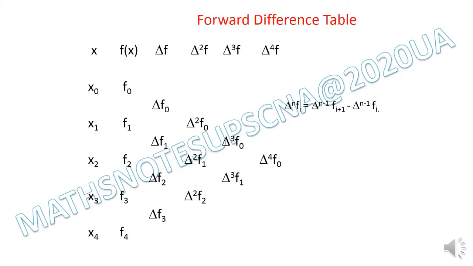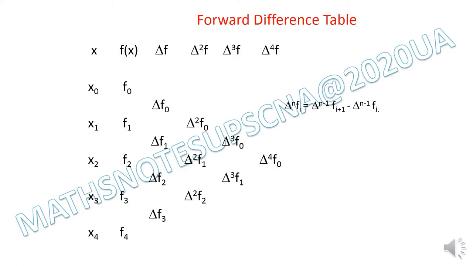Let's see the forward difference table. Here we have taken x in the first column and it takes values x0, x1, x2, x3, x4. There may be many data points, but here we have taken only 5 data points, from x0 to x4, and the corresponding value of f(x) is given in the second column.